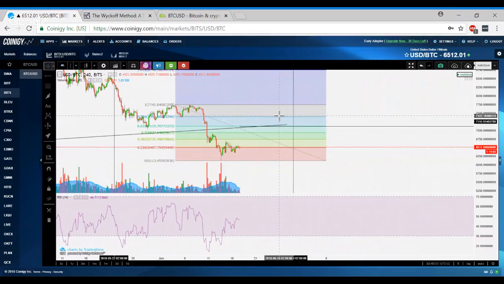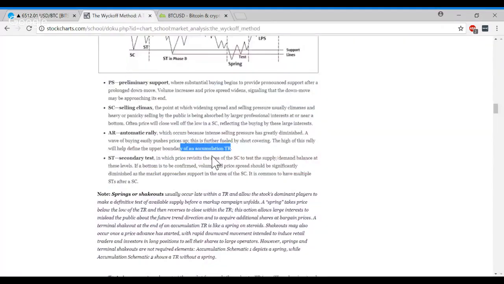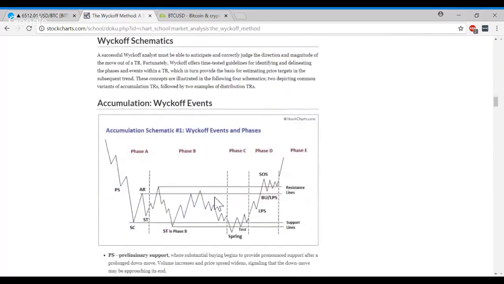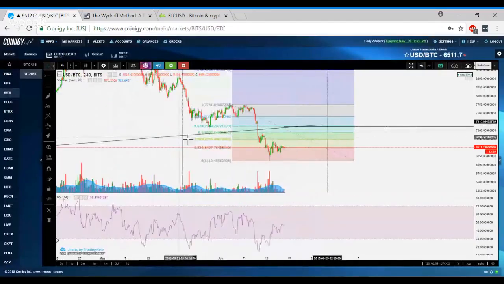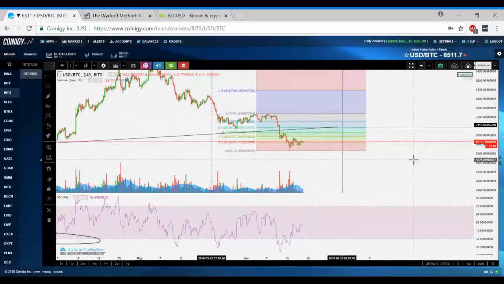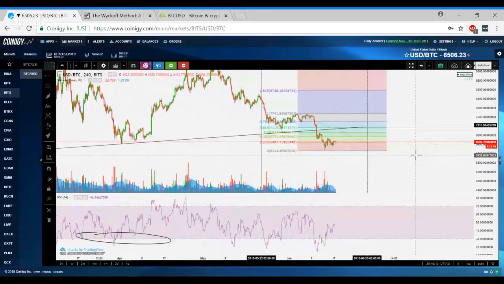If we don't manage to do that, then I think things will start to look a little bit more grim, and the Wyckoff could end up being invalidated altogether. So let's surely hope that this won't happen. I'll obviously keep you guys updated, but it is always a possibility.